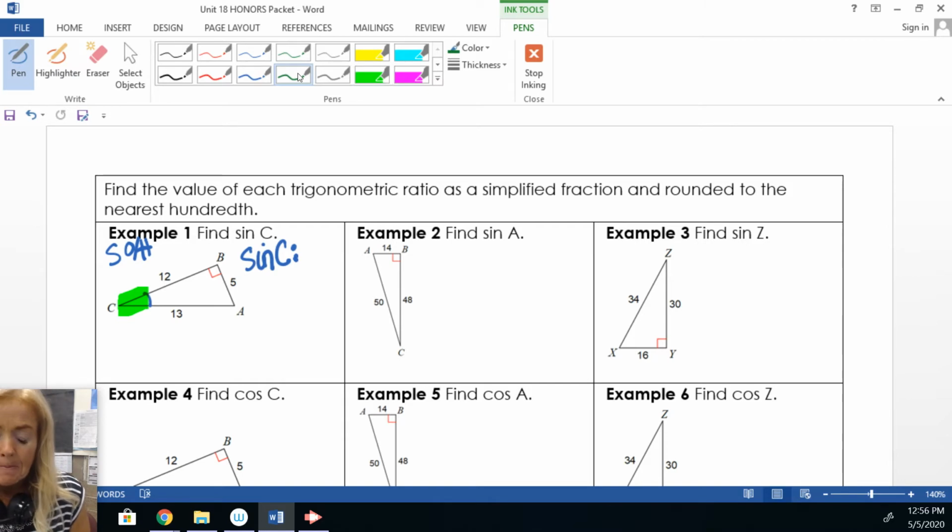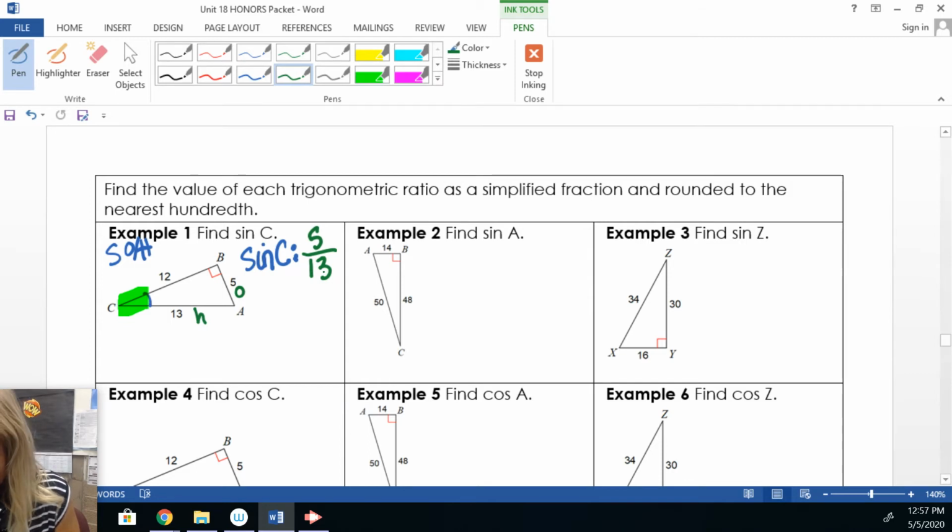So find C, and then label hypotenuse and opposite. That's what I would do. Okay, for sine, now I would not label A at this point, because you don't need A, you only need O and H, and you remembered SO is O and H, opposite over hypotenuse. So then you just have to take your labeled O, which is 5, divide it by your labeled H, which is 13, and you're done. All right, so sine C is 5 over 13.